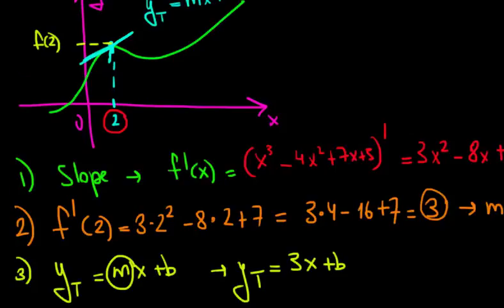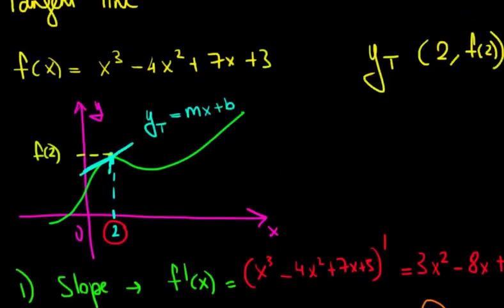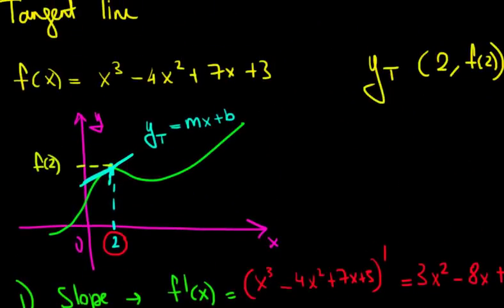So let's do it. If we have x equals 2, what is f of 2? Well, we substitute 2 into our function. So we write 2 to the power of 3 minus 4 times 2 squared plus 7 times 2 plus 3.